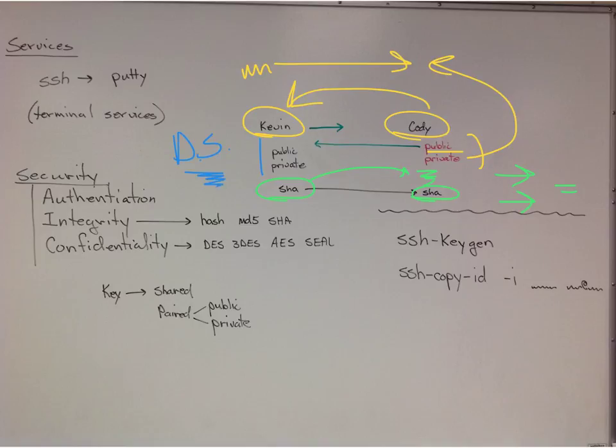He could, let's say, hash the information and then encrypt it with his private key. Okay, send it over to Cody. Send his public key to Cody. Cody could then decrypt it, compare it to the hash. If it matches, it had to be from Kevin.